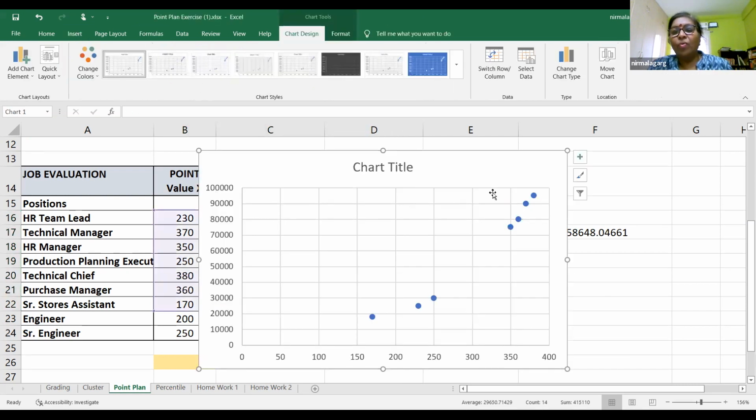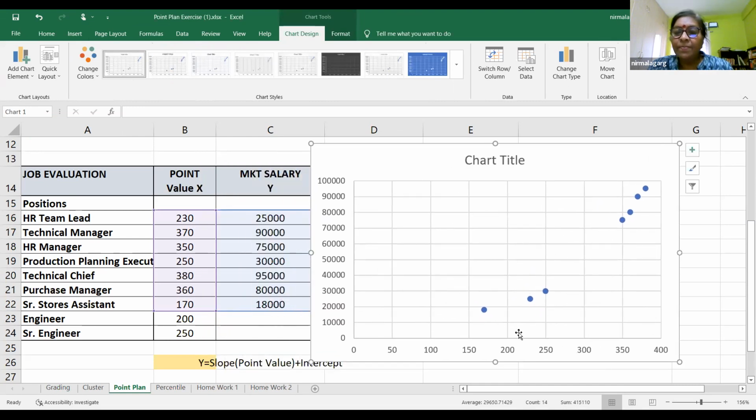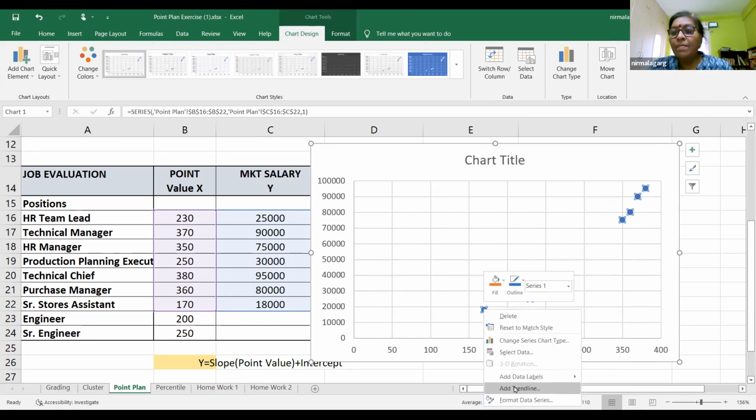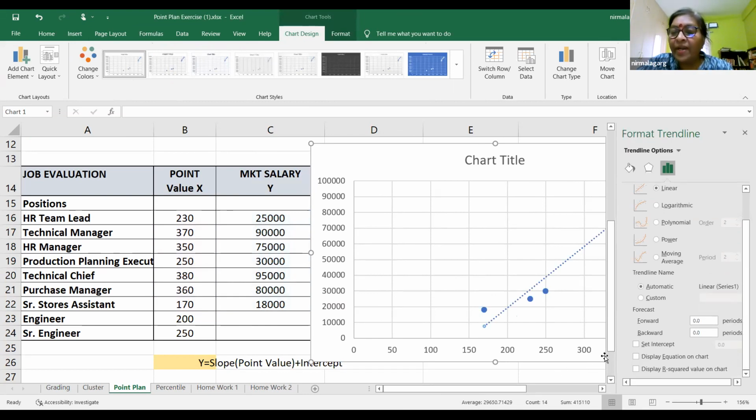So what did I do? Add trend line. Last time you added only trend line. Now I'm saying display equation on chart, display R square value.